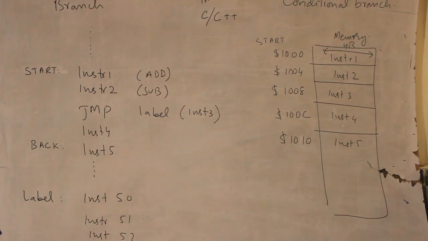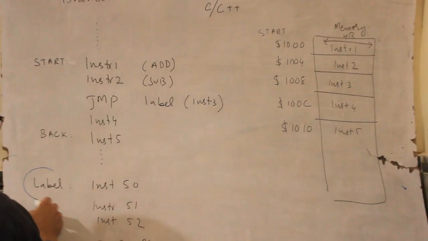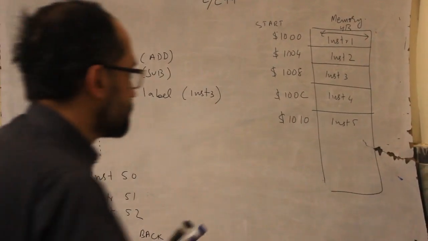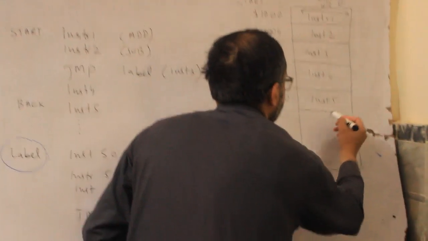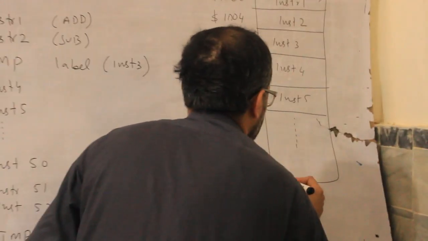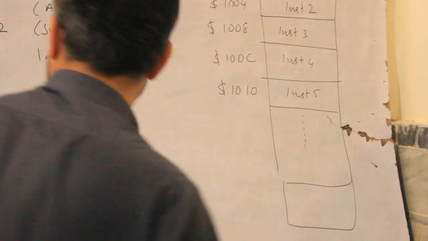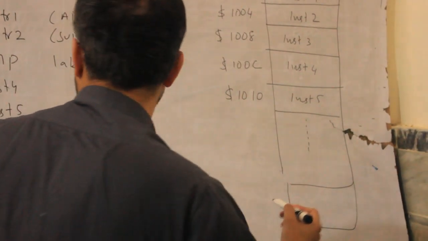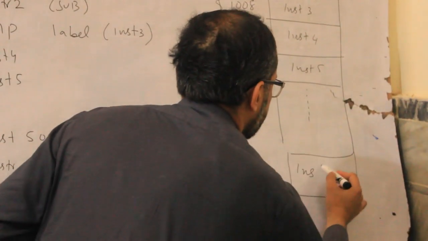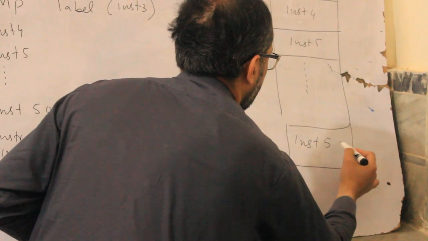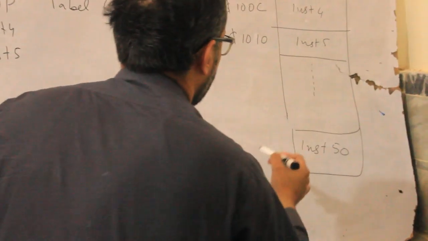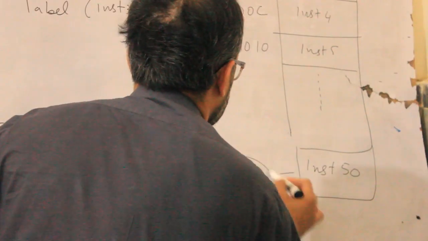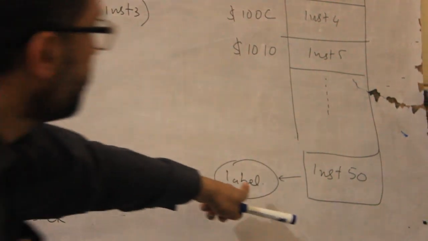If you look at this fragment, there will be some instruction, that is instruction I50, and this will have an address, and that address is label. So the control will be transferred here.